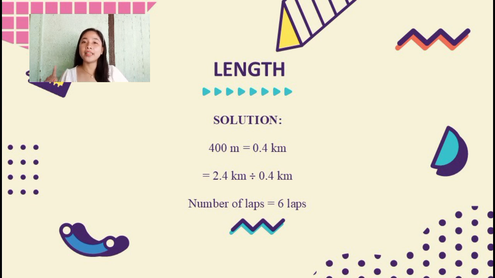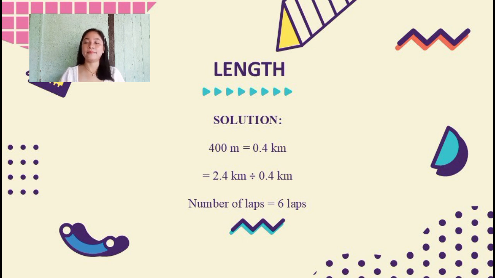Because 100 meters is equal to 0.1 kilometer. So, the total distance is 2.4 kilometers. And when we divide 2.4 kilometers by 0.4 kilometers, it is equal to 6. So, the total number of laps is 6. Did you get it, class?